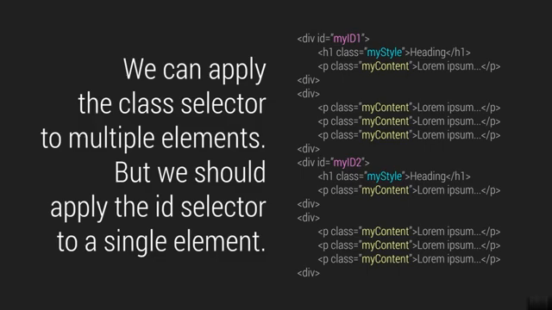As I mentioned, if you give the same ID to multiple elements, the browser will not give any error, but that's not the practice one should follow. When you say ID, that means it has to be a unique ID. And the ID selector CSS means you are applying a few CSS rules meant only for that unique element.